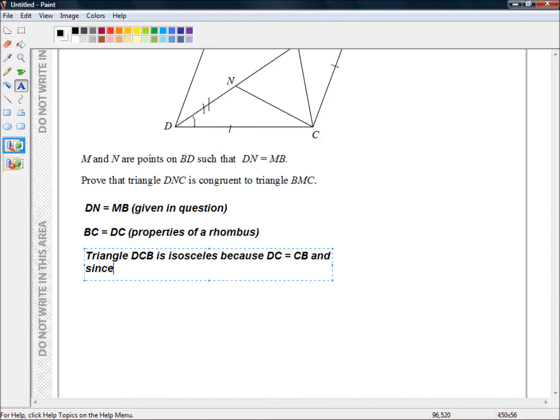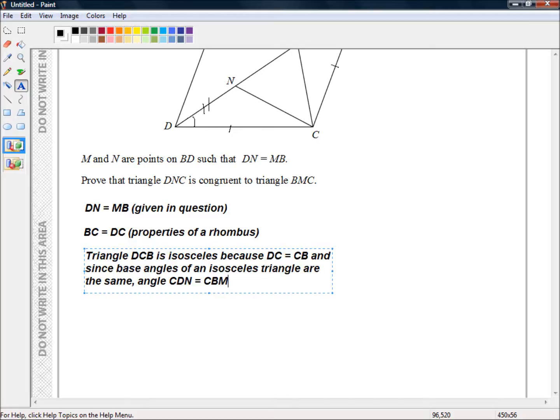And since base angles of an isosceles triangle are the same, angle CDN is equal to CBM.